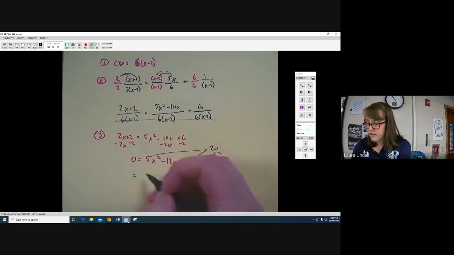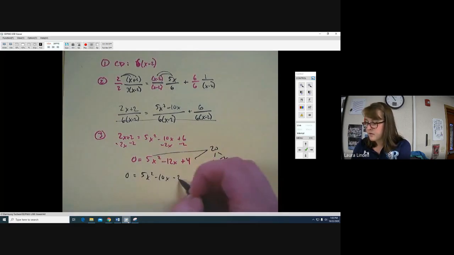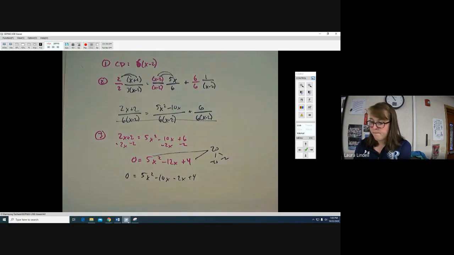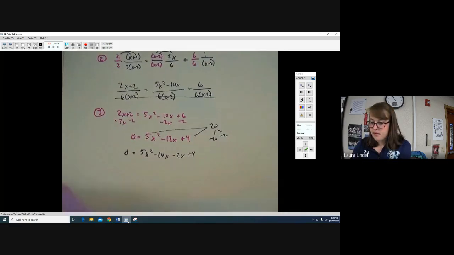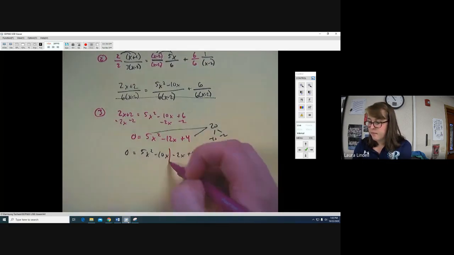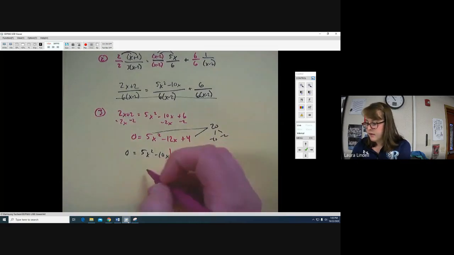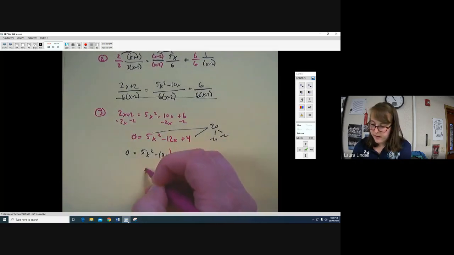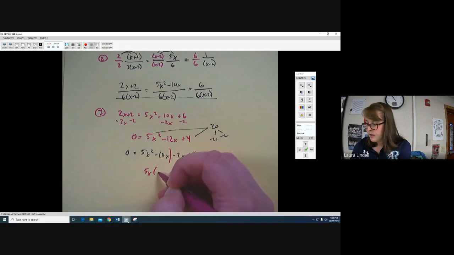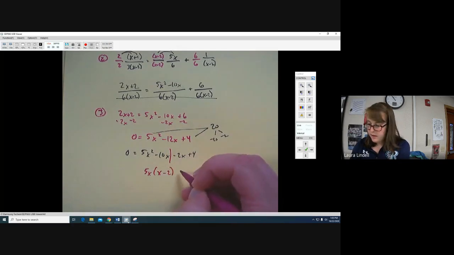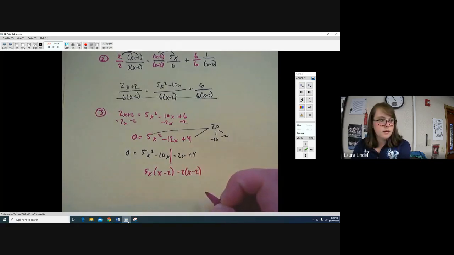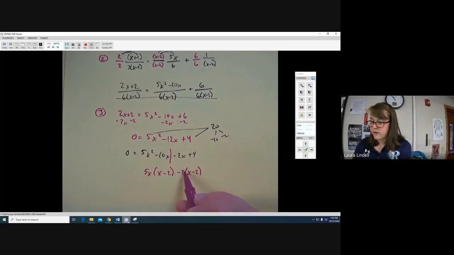So we rewrite this as 5x squared minus 10x minus 2x plus 4. Then we split it down the middle. Factor out the greatest common factor here, so we get 5x times x minus 2, and then minus 2 times x minus 2. Remember, we want these two things to be the same. That's why you factor out a negative 2 there.